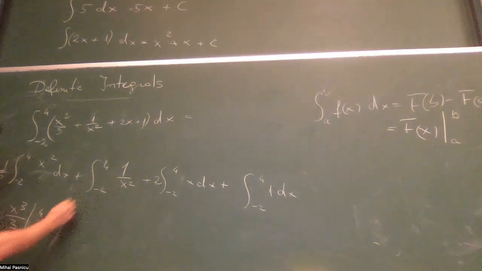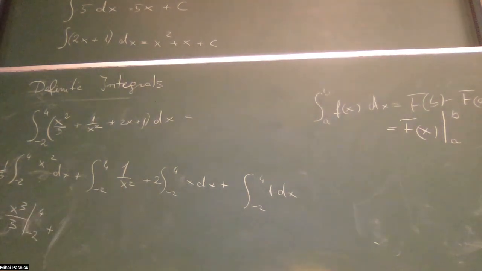Plus, what do I need to take a derivative of in order to get 1/x squared?